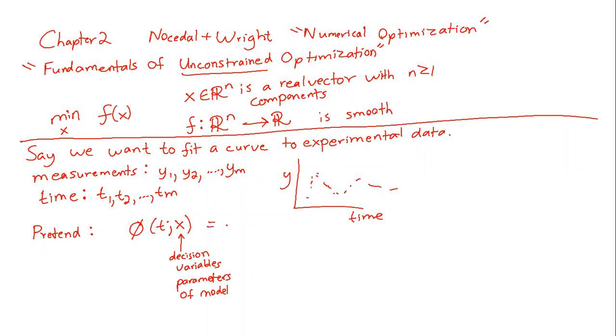So it's equal to some constant, which here is x1, but remember, we're not talking control here, so this is not a state. This is actually the decision variable, one of the parameters. This might look more familiar as something like C1, but here we're using x to represent decision variables, so that's why it says x1. Then x2 e to the negative (x3 minus t) squared over x4, plus x5 cosine of x6.